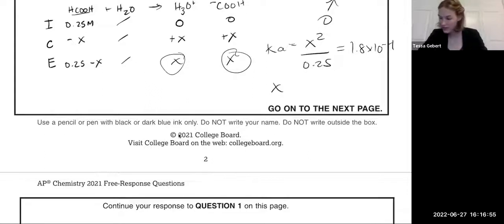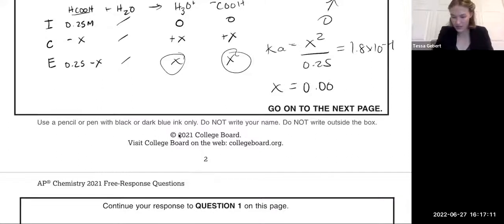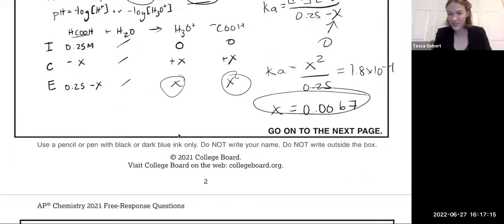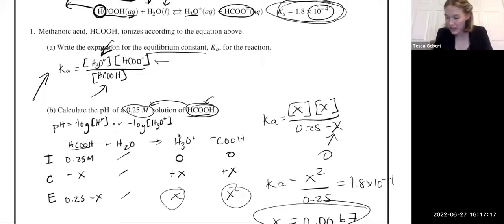So we have 1.8 times 10 to the minus 4 times 0.25. I'm going to take the square root, and you get an equilibrium concentration, X, of 0.0067. But we're not done, because what did they ask us for?